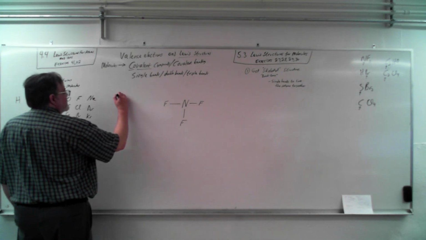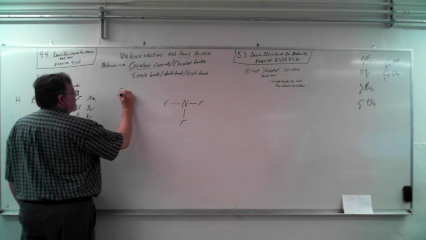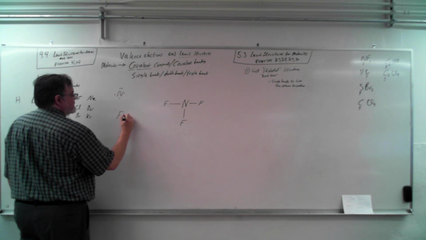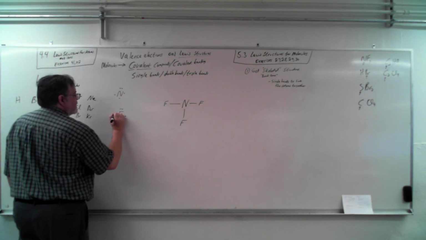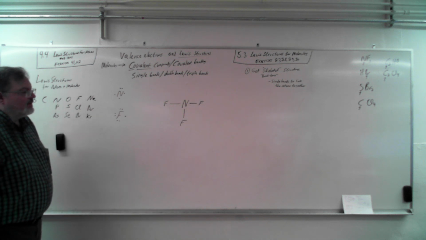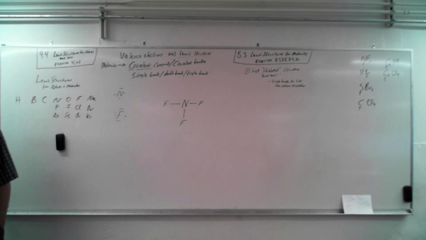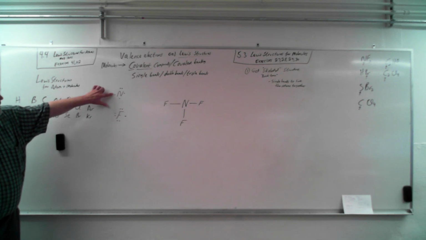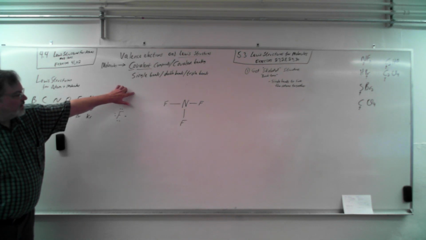Given that this is the Lewis structure of nitrogen and this is the Lewis structure of fluorine, it's really kind of obvious where all the electrons go here. But let me follow these rules because the bigger the molecule gets, the more you want to rely on these rules rather than just the simple logic you do. Obviously, this makes 3 bonds.